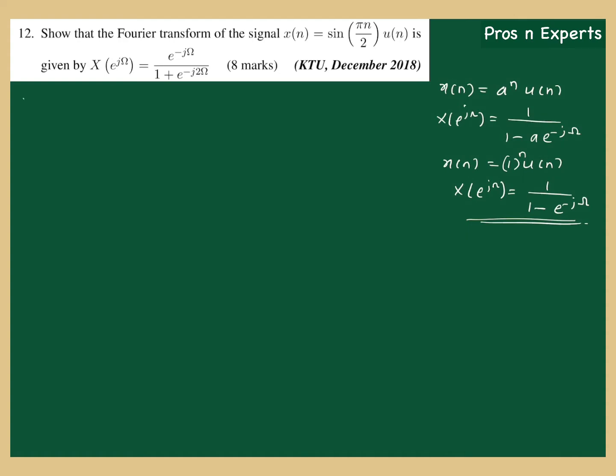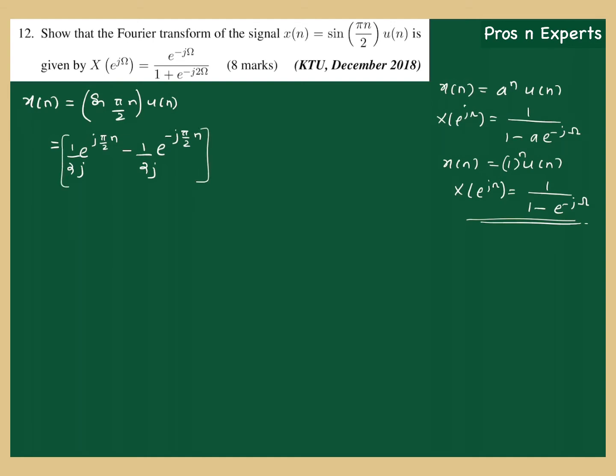Now given x of n is not just u of n but sine pi n by 2 into u of n. But we know sine pi by 2 n can be written as e raised to j pi by 2 n minus e raised to minus j pi by 2 n, whole divided by 2j, distributed among the two terms into u of n.